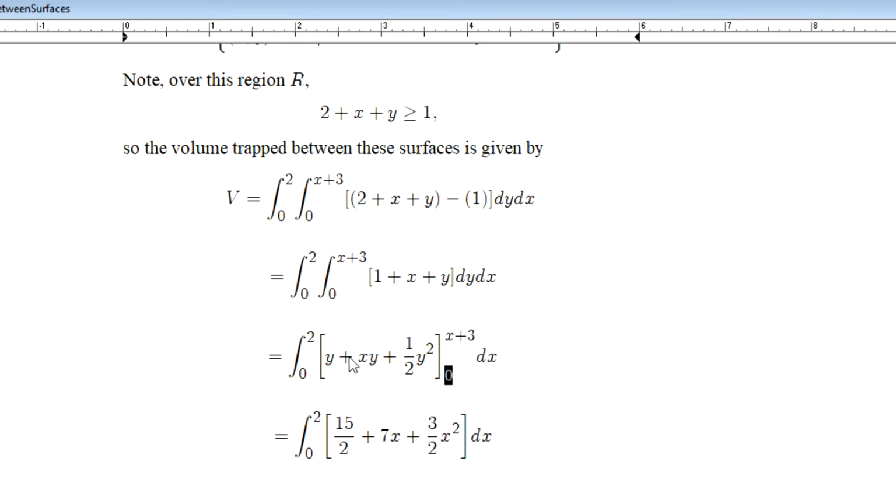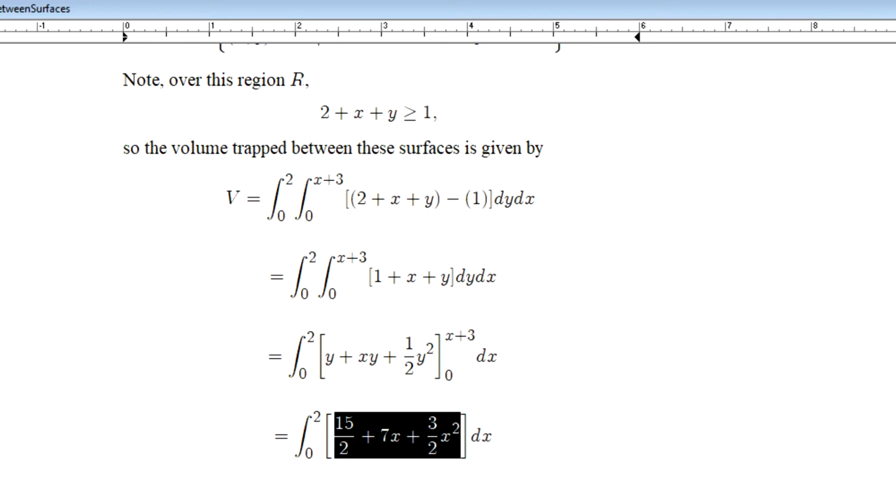Certainly at y equal to 0, everything zeroes away, so we are only interested in evaluating at y equal to x plus 3, where I substitute x plus 3 for y in each term. Expanding that result will yield this quadratic function in terms of x.